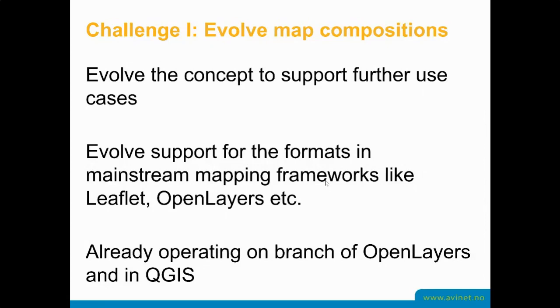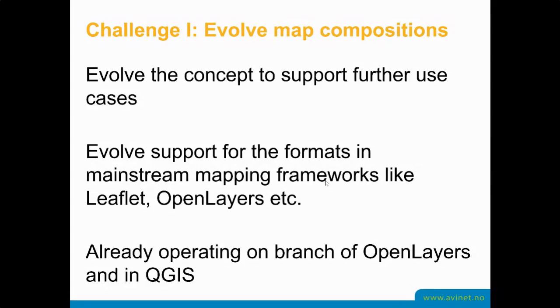One is to evolve the concept to support further use cases. Now it has a certain scope. It allows for a certain amount of things to be available, to be shared. And part of that is also to build support for mainstream mapping frameworks like Leaflet and OpenLayers, which is the basis of most web map solutions around the world by now.